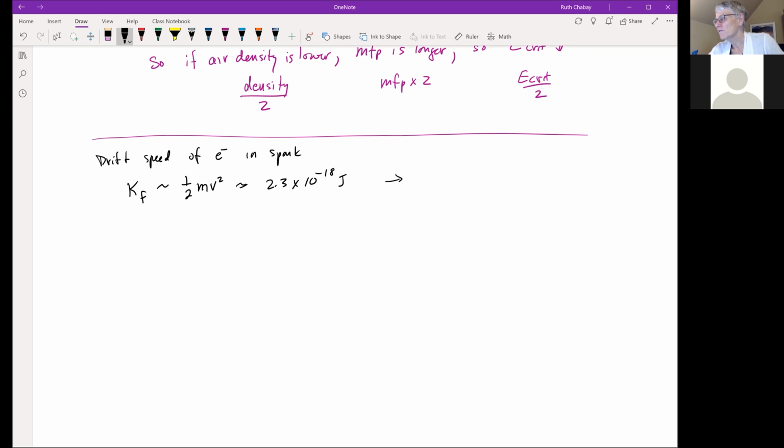If we solve for V, we get V final is about 2 times 10 to the 6th meters per second. So a V average would be about 1 times 10 to the 6th meters per second in a spark.